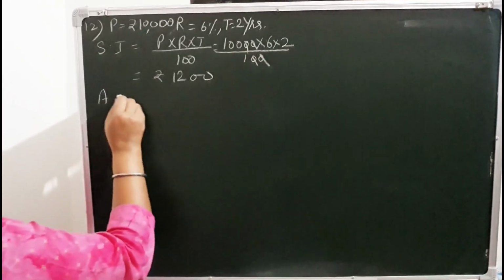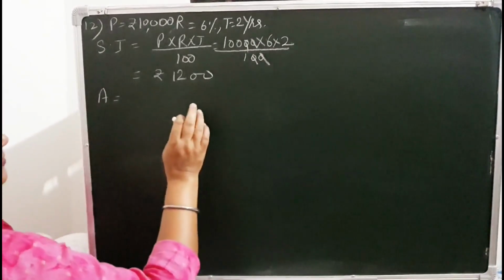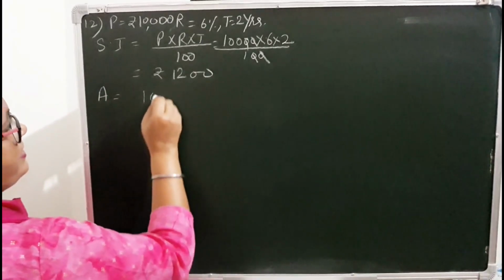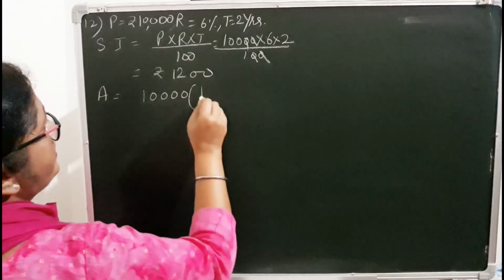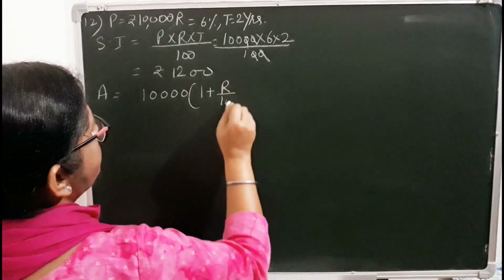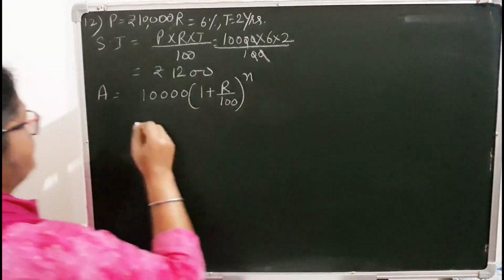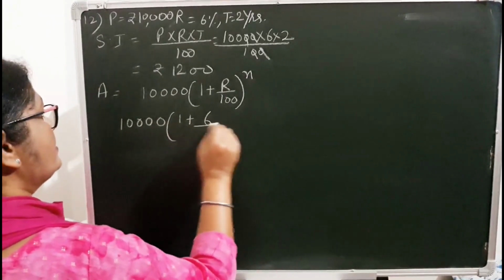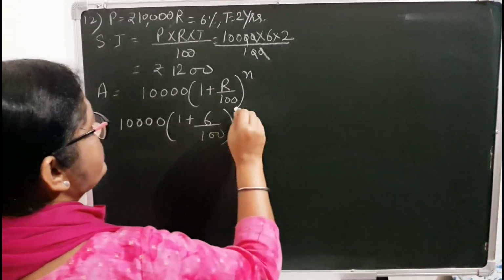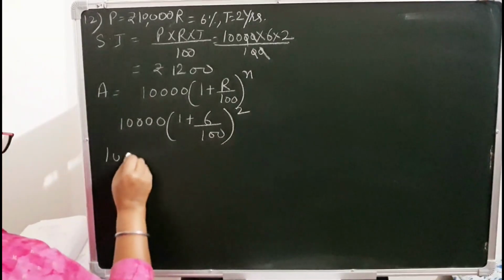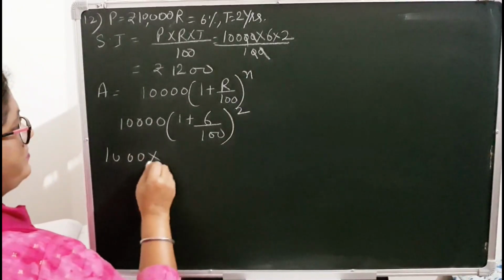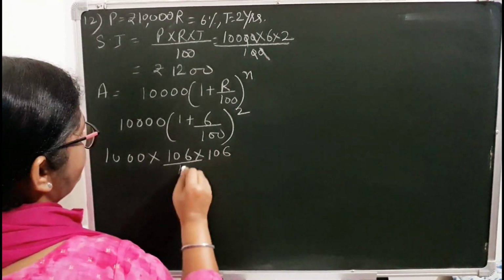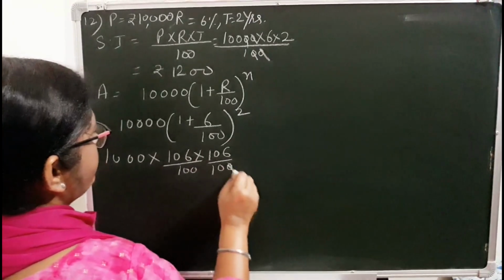Now for finding the compound interest, you should find the amount first. P 10,000 into 1 plus R over 100 to the power N, means time. 10,000 into 1 plus 6 over 100 to the power 2. 10,000 multiply 106 over 100, cutting.